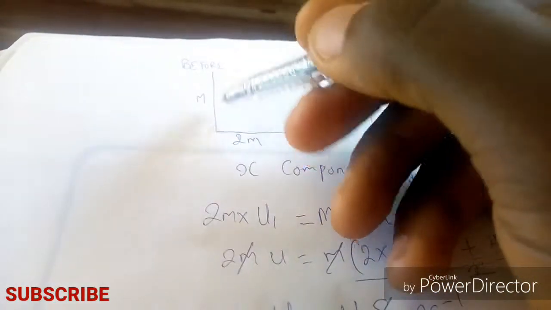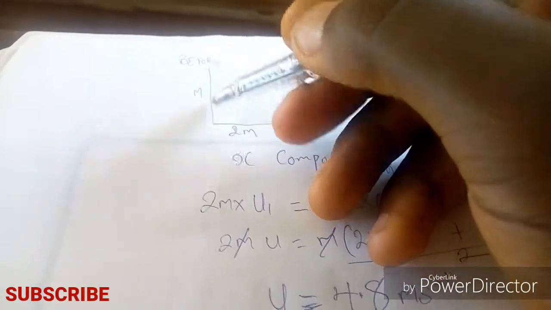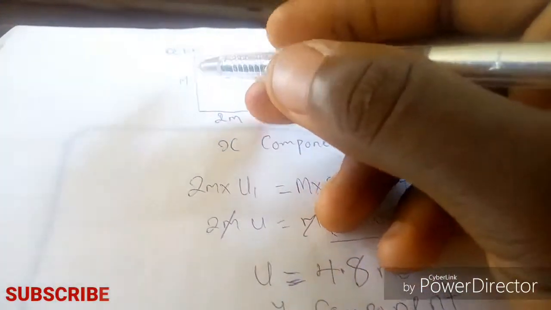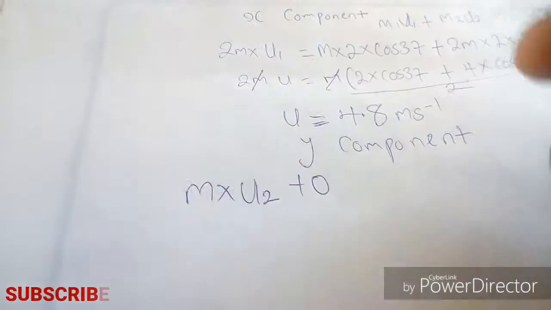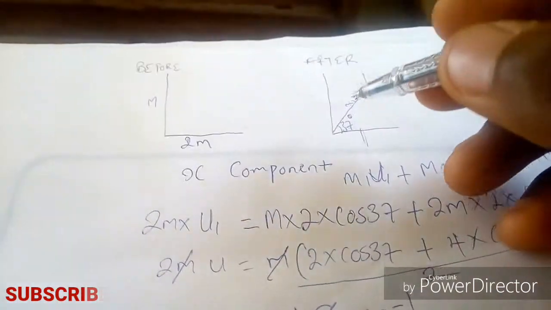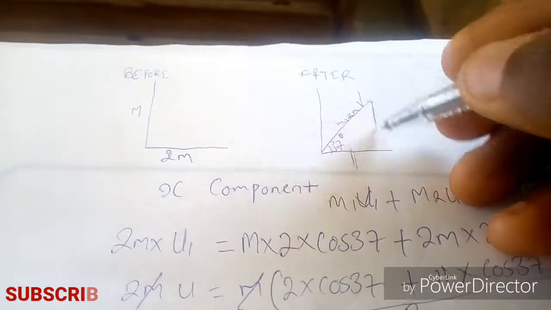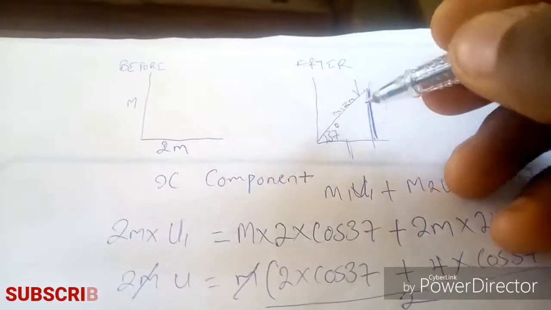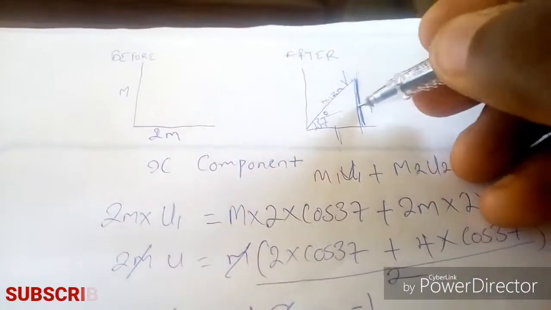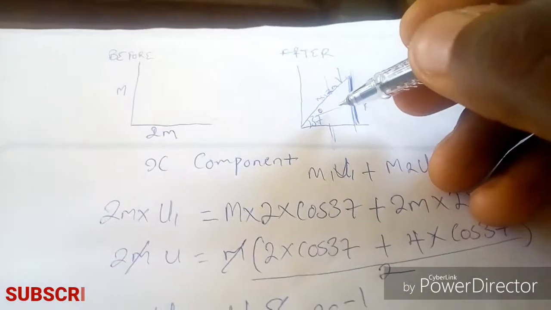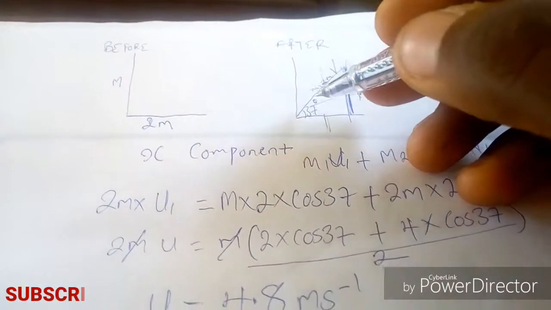Now observe it on the horizontal, and on the vertical. On the vertical, we have only m, we don't have 2m on the vertical, so I'll just say m times u2, which is still the same as on the horizontal. On the vertical we have opposite over hypotenuse, which is equal to sine, so we can resolve it that way.